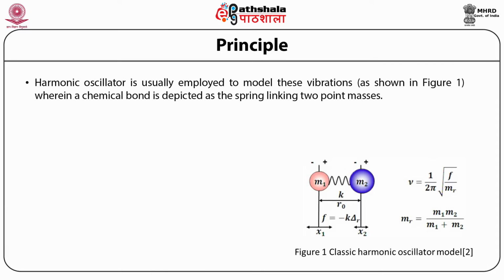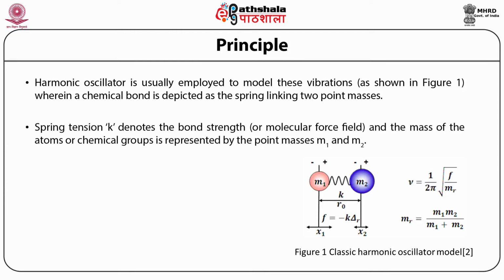Harmonic oscillator is usually employed to model these vibrations, as is shown in figure 1, wherein a chemical bond is depicted as a spring linking two point masses. Spring tension K denotes the bond strength or molecular force field, and the mass of the atoms or chemical groups is represented by the point masses M1 and M2.